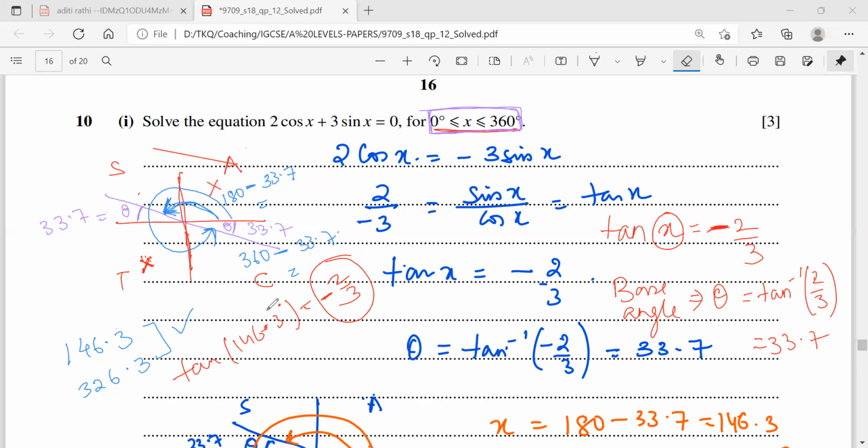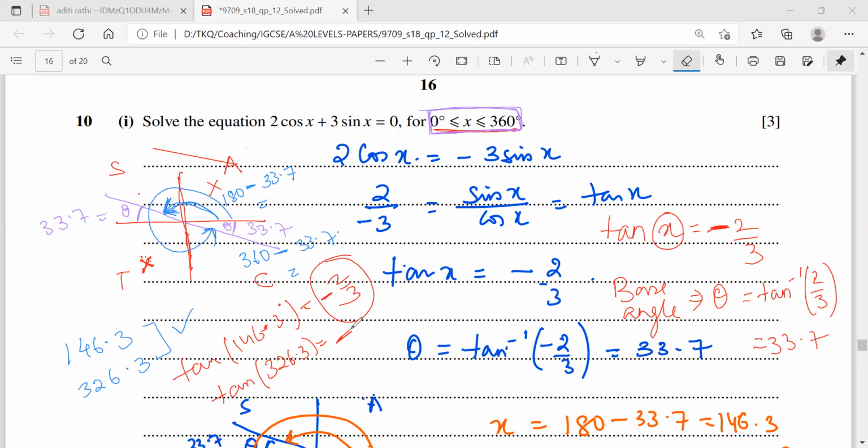Are you getting a negative sign? Yeah. But now do the same thing for 326.3. Tan of 326.3, what do you get? Minus 0.66. Same answer. Initially you ignored the negative sign, but still we took care of it while we were finding the quadrant.